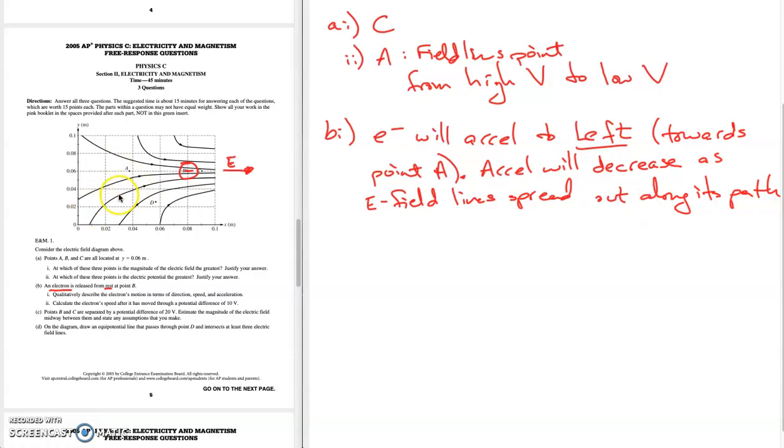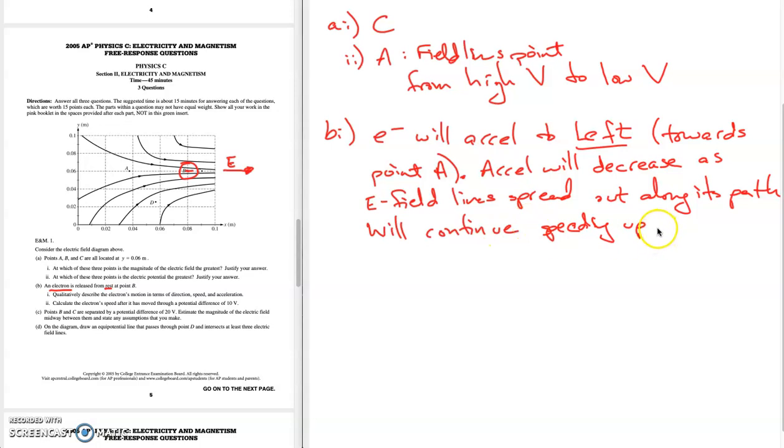However, the acceleration is not going to go negative. It's still going to be speeding up to the left. It will continue speeding up. So the acceleration is going to get smaller, but the speed is still going to get bigger.